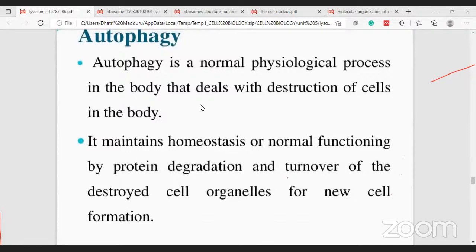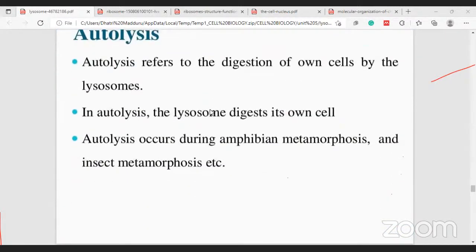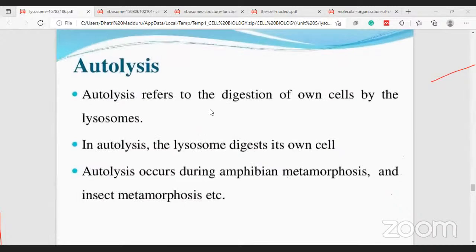It means maintaining the balance in the body. Homeostasis has to be maintained and normal functioning has to be done, so the proteins and other organelles or components have to be destroyed so that new cells and new components will be formed. So it's a normal physiological process. There is no pathogenesis associated with it.